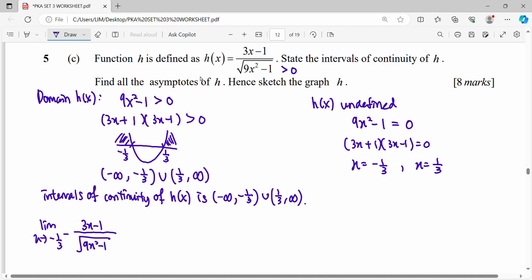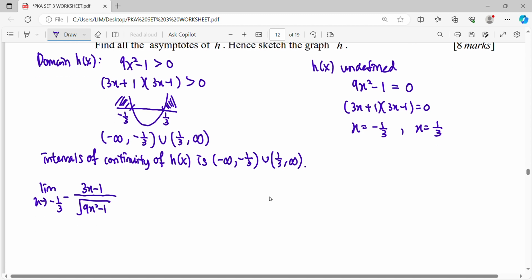Do we need to do limit x approaches negative 1/3 from the right hand side? Do we need to do this? Look at our domain here.